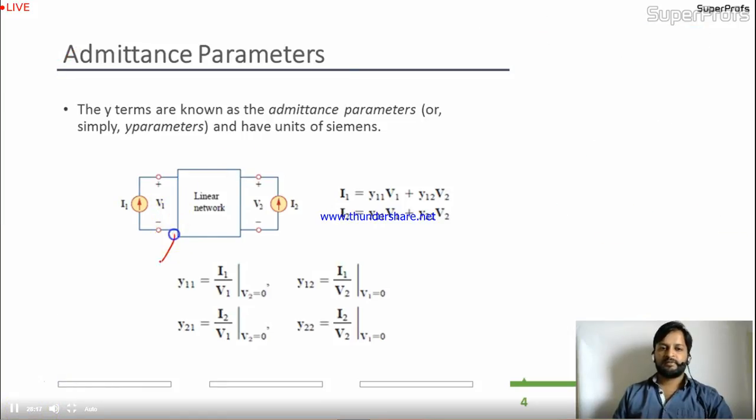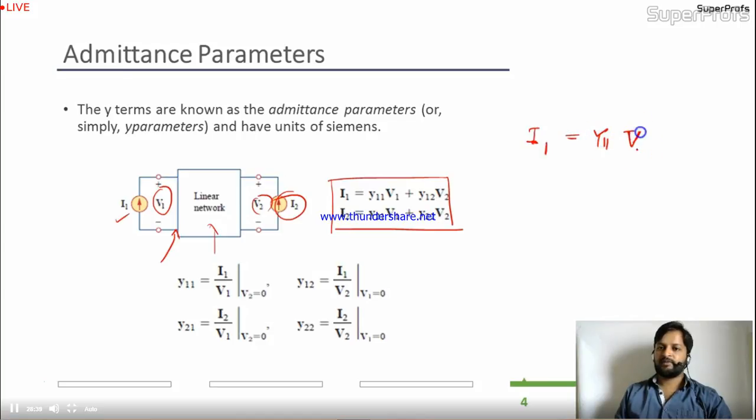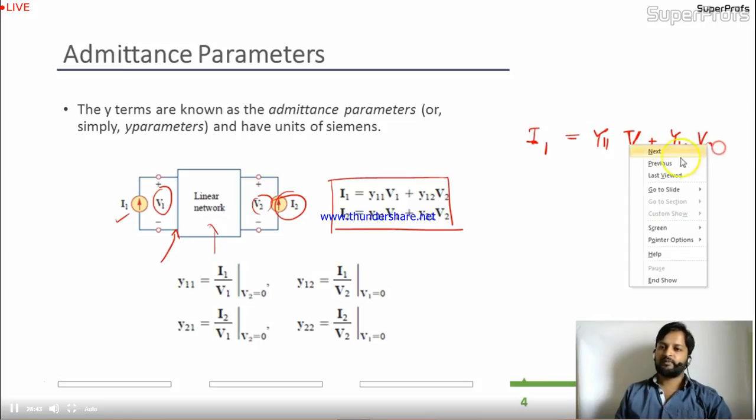This is the diagram given over here: I1 and V1 at the input stage, I2 and V2 at the output stage. This is the linear circuit or linear network. The Y parameters are given by these two equations. I1, the first stage current, is nothing but Y11 V1 plus Y12 V2.